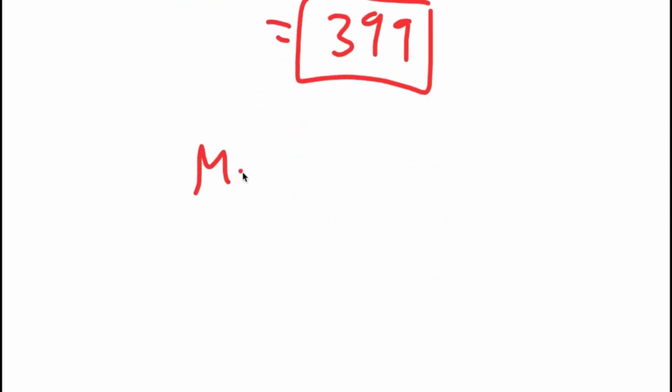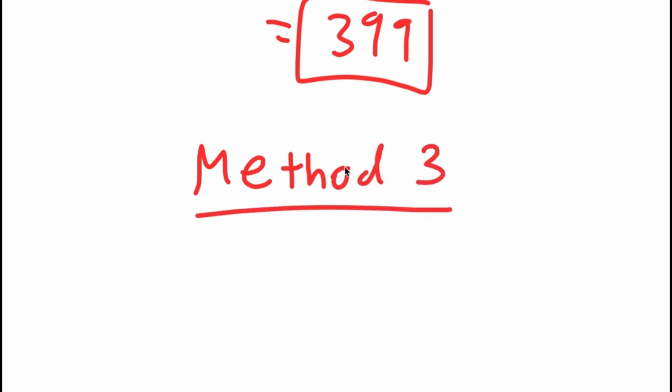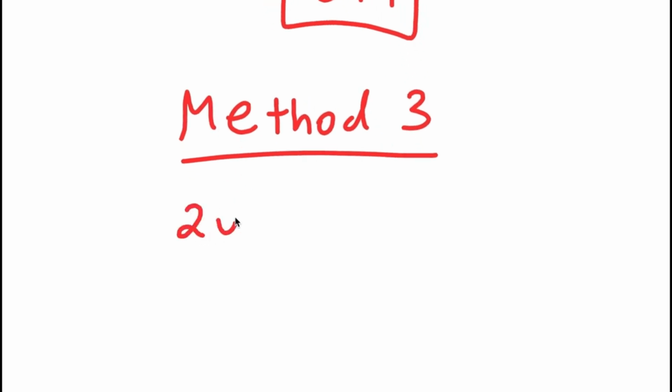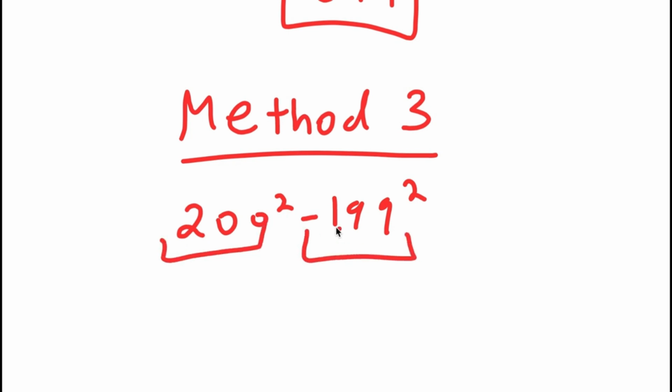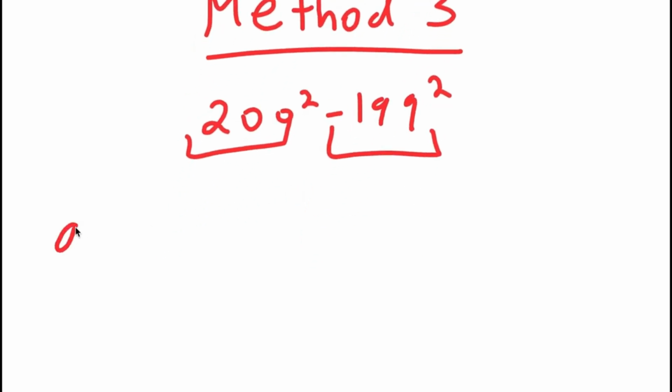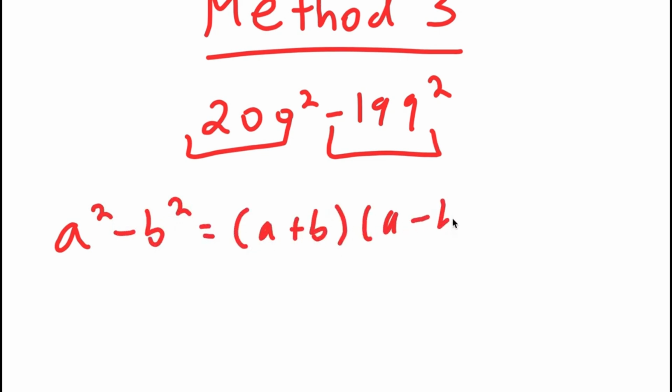And now finally for method number 3, I have 200 squared minus 199 squared. And I know from methods 1 and 2, what I did was I rewrote either one of these, but now I'm simply going to use a property that says a squared minus b squared is equal to a plus b times a minus b.